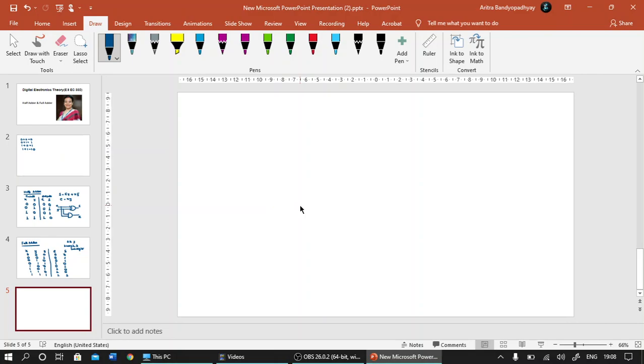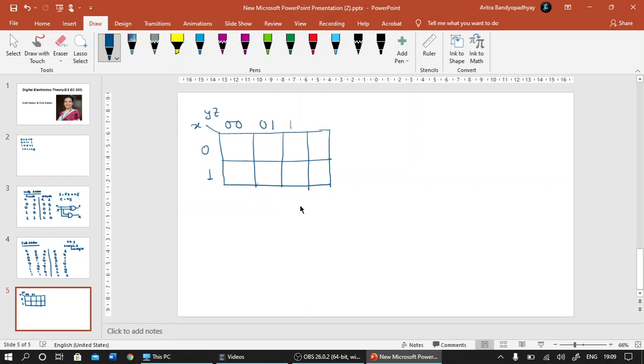Each map must have eight squares. If we represent the map for sum, it will be like this. So these four will be the ones.